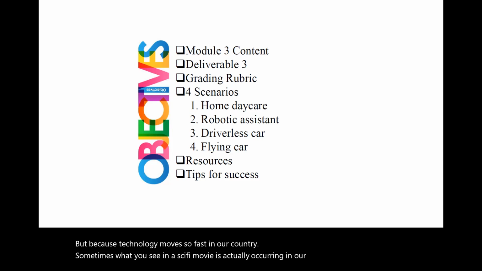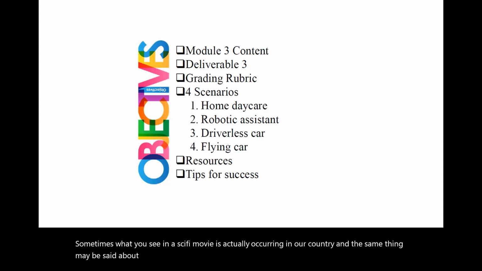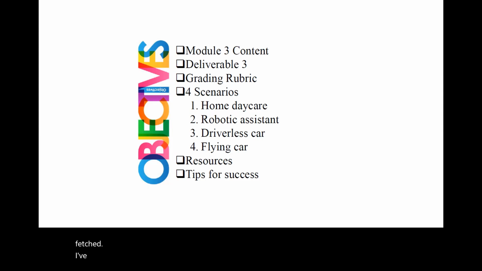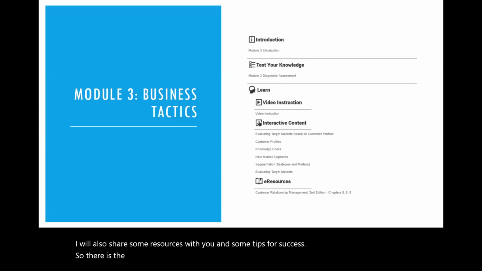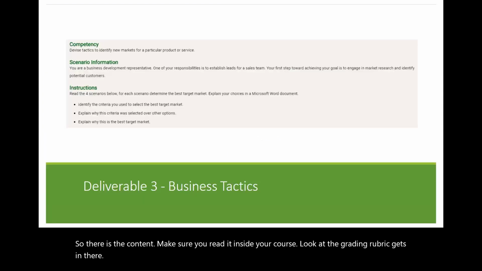The same thing may be said about these: robotic assistant, driverless car, and flying car. So these ideas are not so far-fetched. I will also share some resources with you and some tips for success. So there's the content. Make sure you read it inside your course. Look at the grading rubric. It's in there. Now let's get to work.